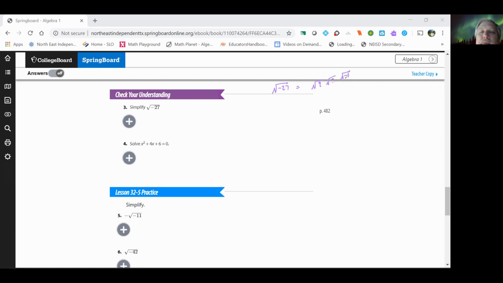And so that's going to be i. So we're going to have 3 times i times the square root of 3. 3 was the square root of 9, i was the square root of negative 1, and then the square root of 3 is the irrational part.